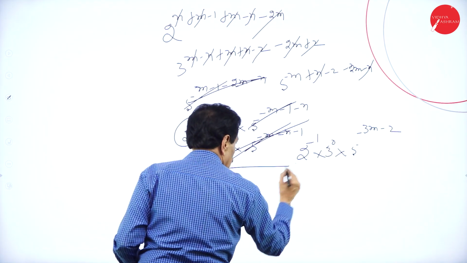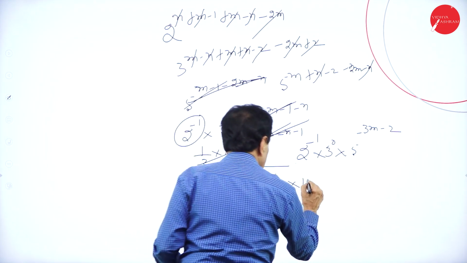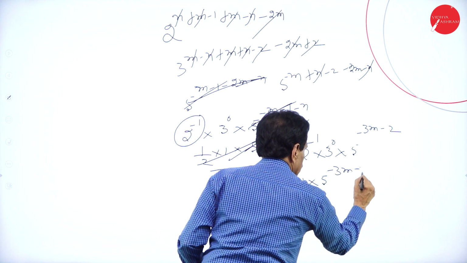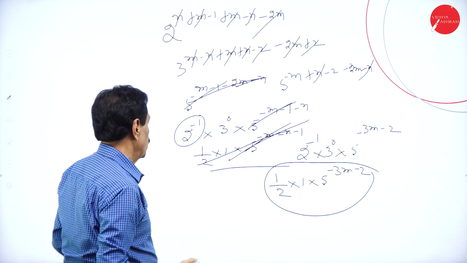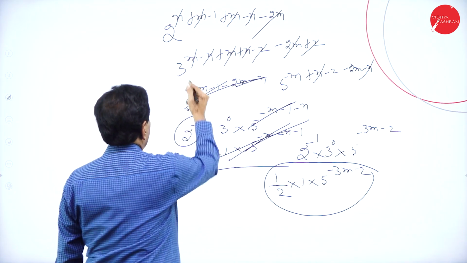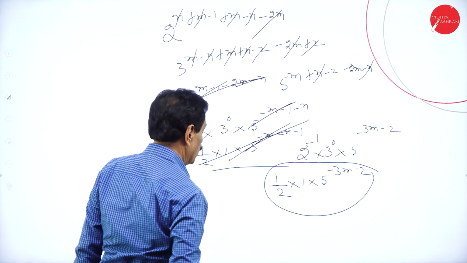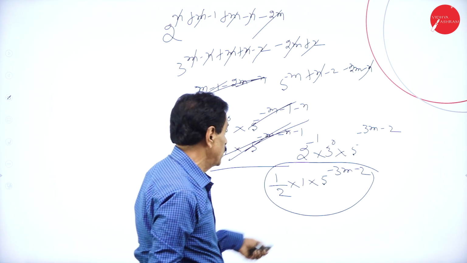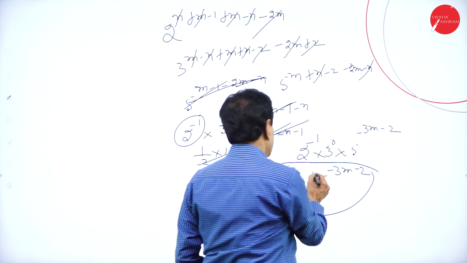So this can be written as 1 by 2 into 1 into 5 to the power of minus 3m minus 2. This is simplification. So 1 over 2, this is 2 to the power of minus 1, 3 to the power of 0, 5 to the power of 3m minus 2. We can write this now as 1 by 2 into 5 to the power of 3m minus 2.